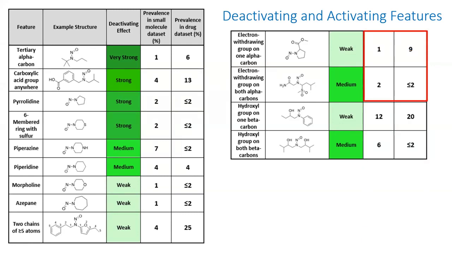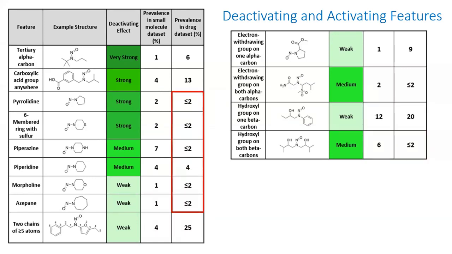Electron withdrawing groups on either one or both sides are also prevalent in about 10% of examples in the drug data set. And as an extension of that, the hydroxyl group in the beta position, which is expected to have a deactivating effect, shows up in about 20% of the drug data set.